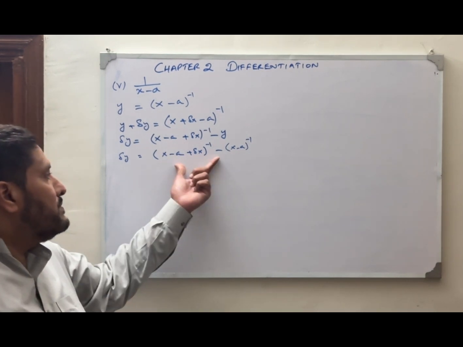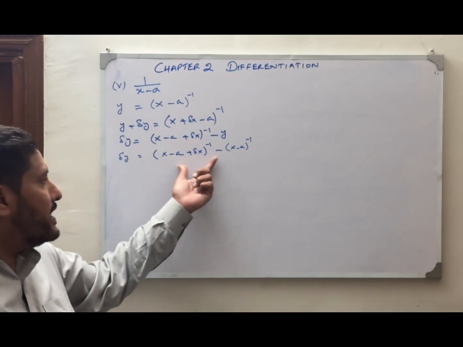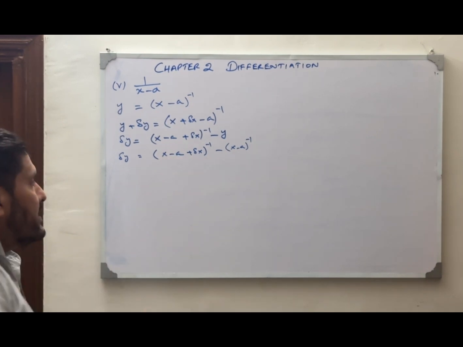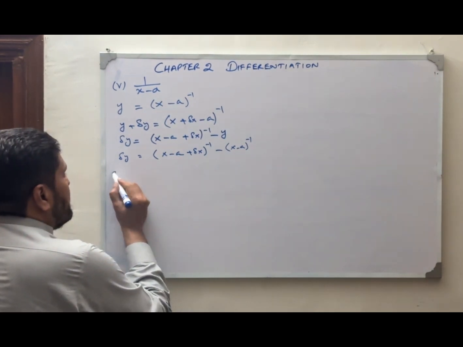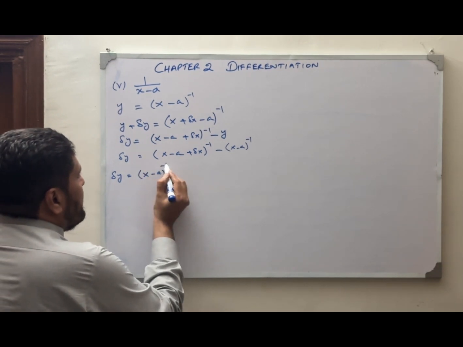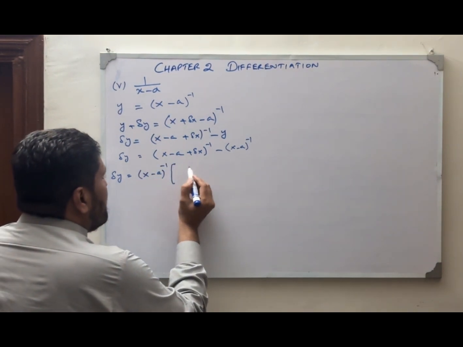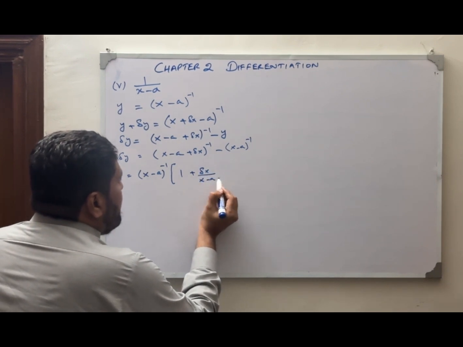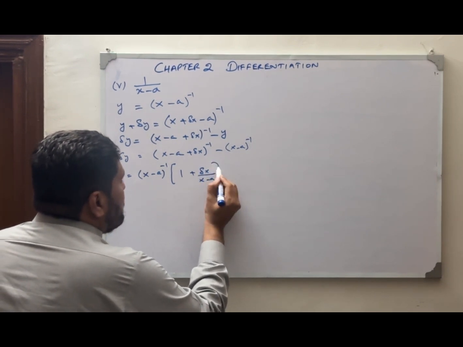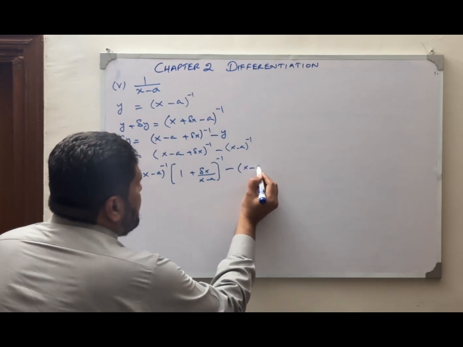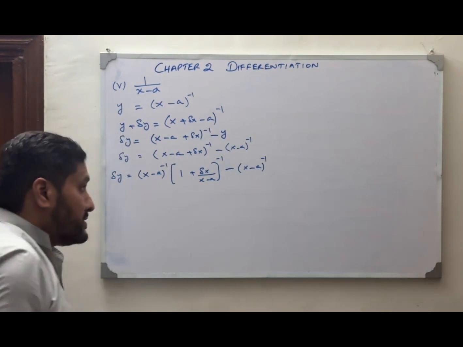Now we have to simplify this step again by taking x minus a common from this whole term. That will become our delta y equivalent to x minus a power minus 1 into 1 plus delta x by x minus a, whole power minus 1, minus x minus a power minus 1.